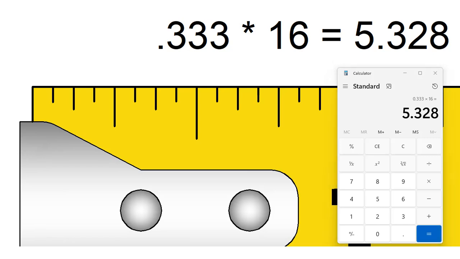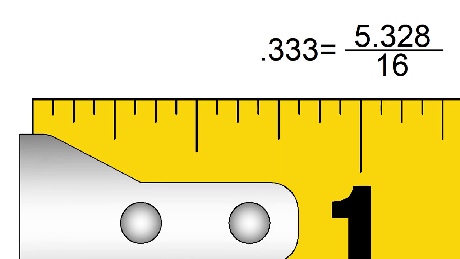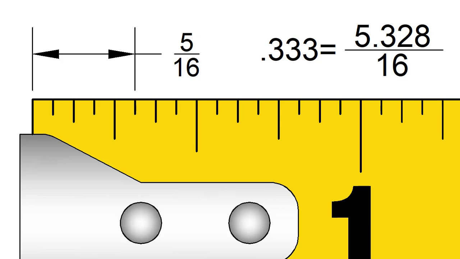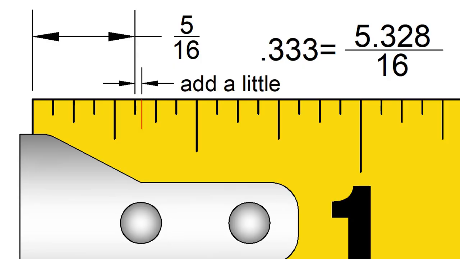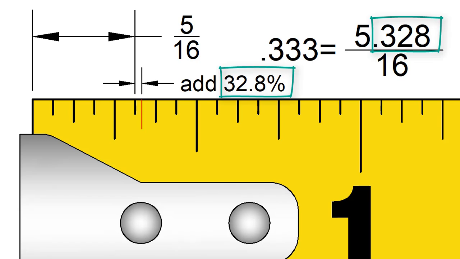What do we do with that? The nearest fraction is 5/16. We get that from the 5. But the exact point on the tape measure would be a little bit past the 5/16 mark. It would be about 32.8% of the way past the 5/16 mark to be more accurate.